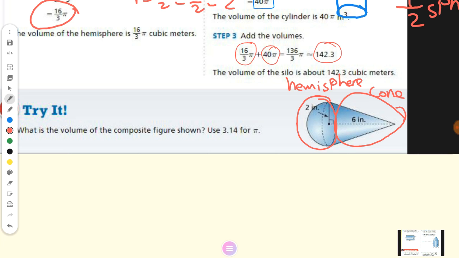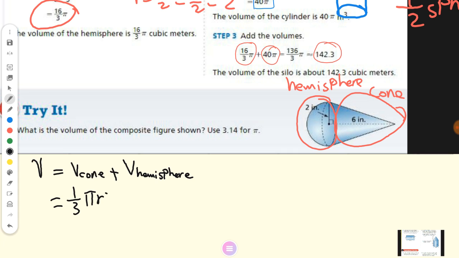So the total volume V equals the volume of the cone plus the volume of the hemisphere. The volume of the cone equals 1 over 3 pi R squared h, plus the volume of the hemisphere, half multiplied by 4 over 3 pi R cubed.